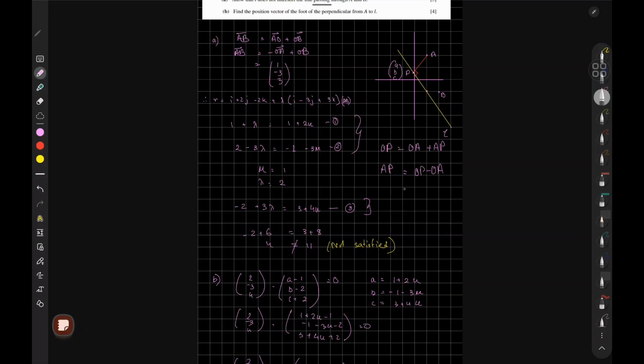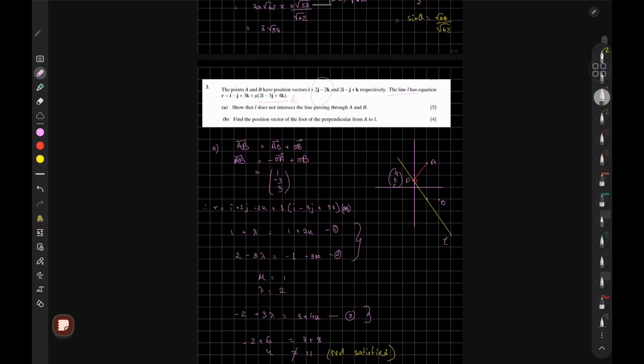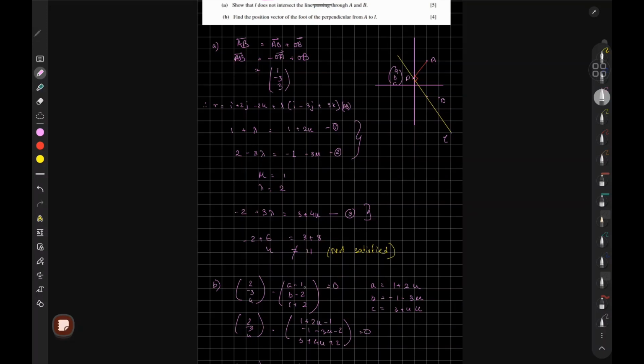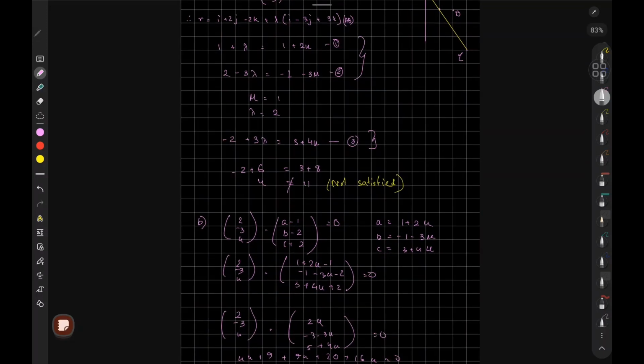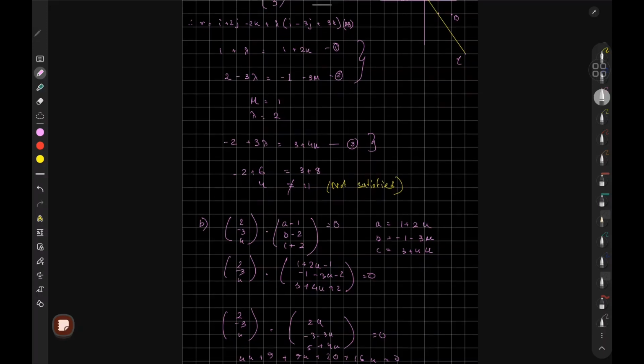So we are subtracting OP minus OA, which is known to us as well. So what is OA? OA is given above. Where is it? This is your OA: 1, 2, minus 2. So you subtract and the signs get reversed. And that is your dot product equation.